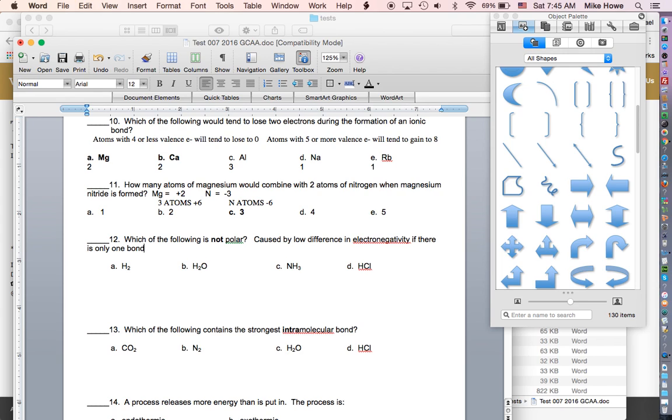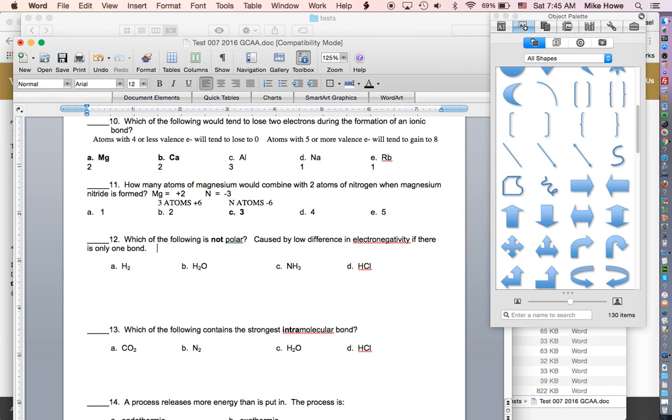So that category would be here or here. If there's only one bond, either the hydrogen or the HCl, they both have one bond, but H to H would be zero difference in electronegativity, so that's going to be your answer.